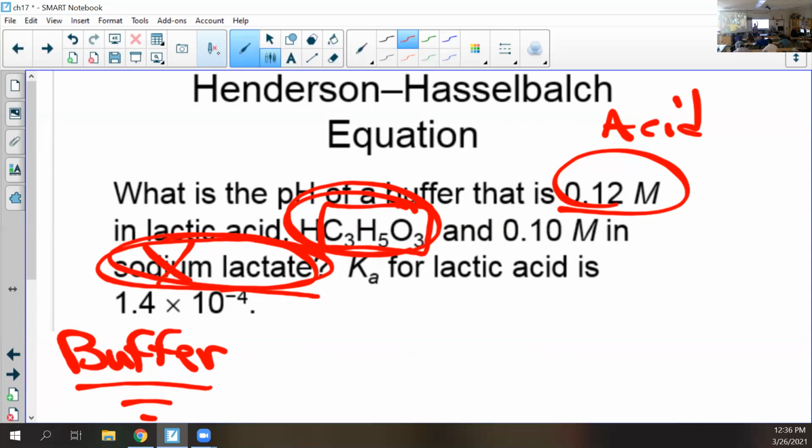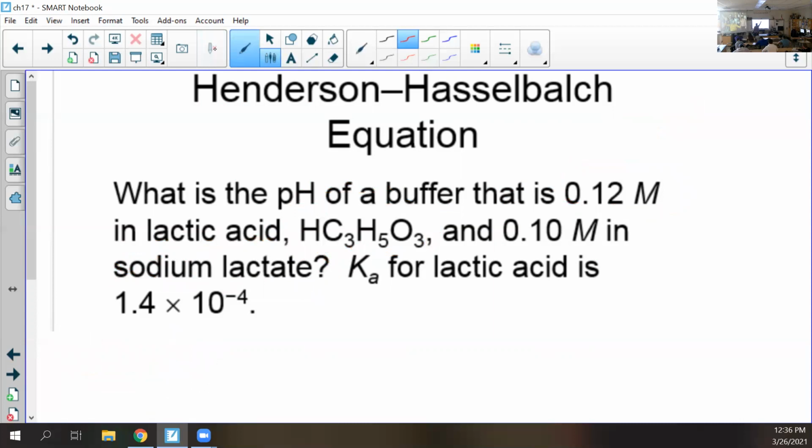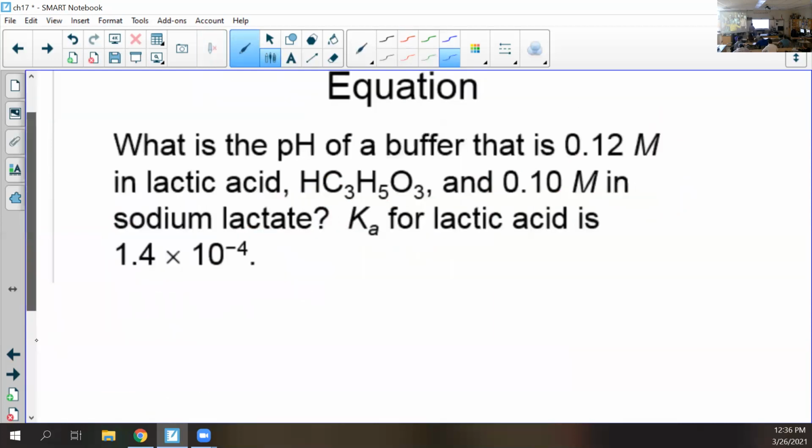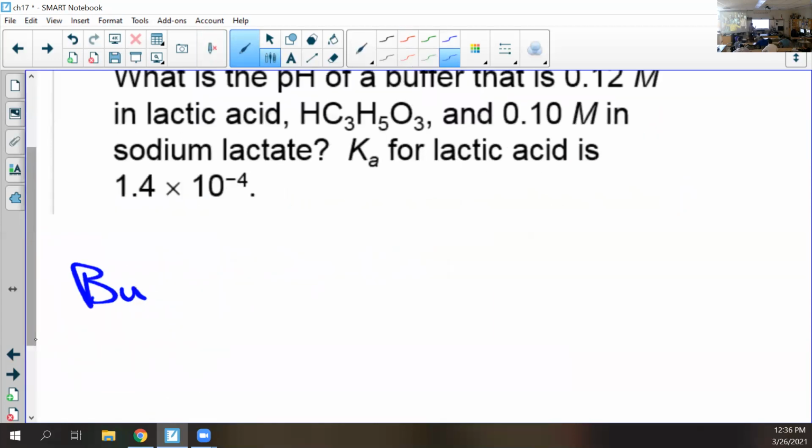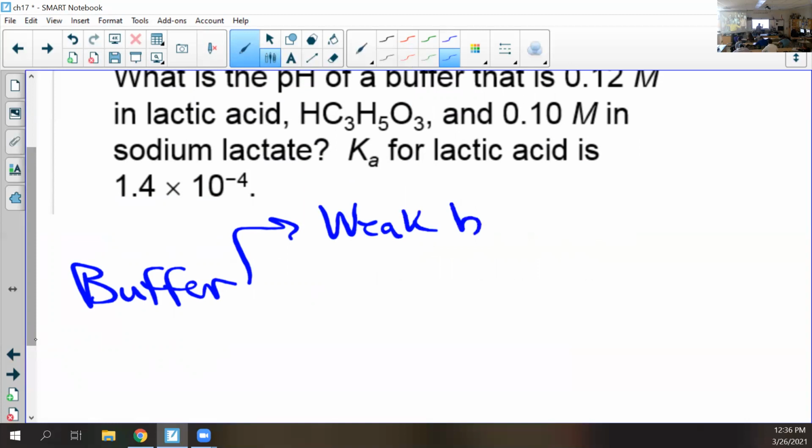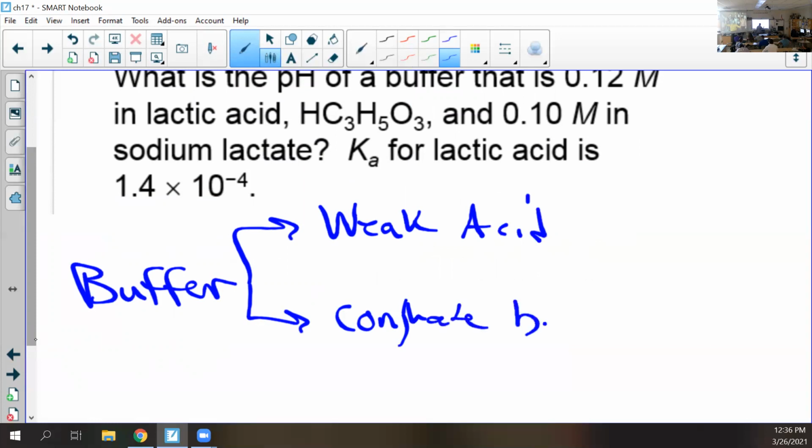So remember, let me erase this. To be a buffer, you have to have a weak acid and something that supplies the conjugate base.